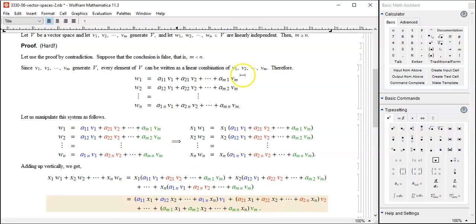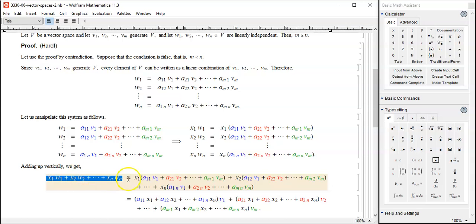Let's recap. W1, W2, all the way to Wn are generated by V1, V2, V3, all the way up to Vm. So we have those linear combinations. And then for each equation, multiply by x1, x2, and xn respectively. And then add them all up to get a linear combination.